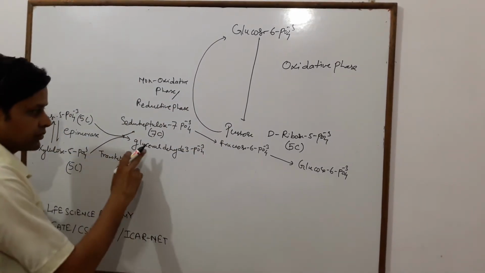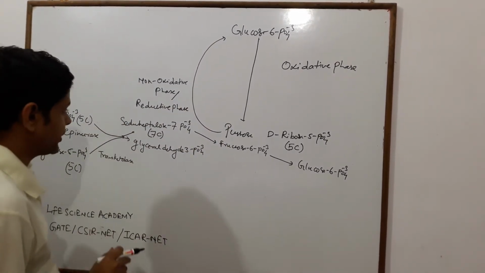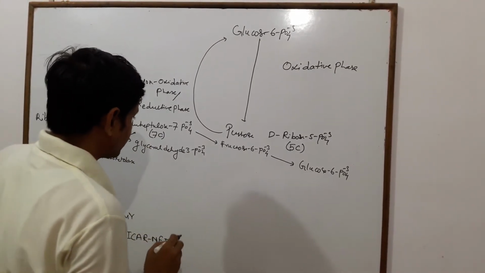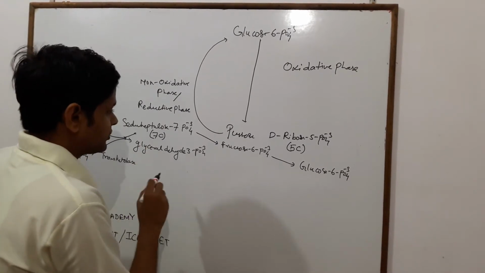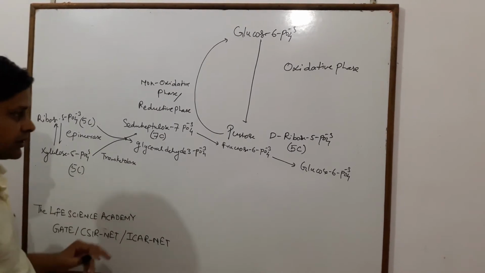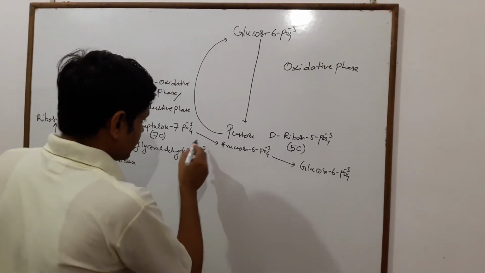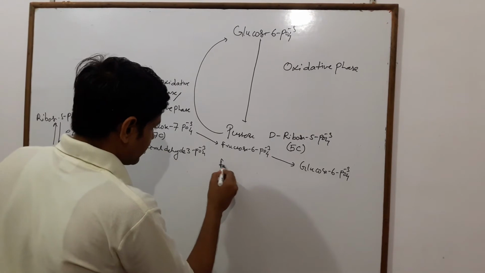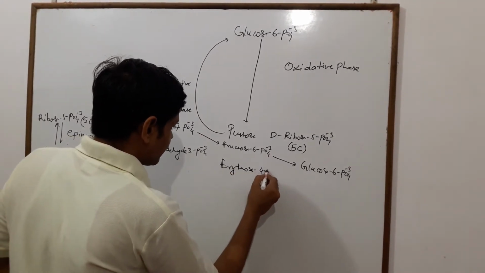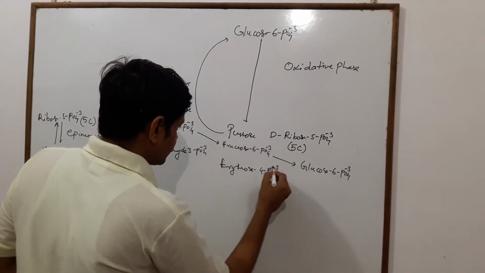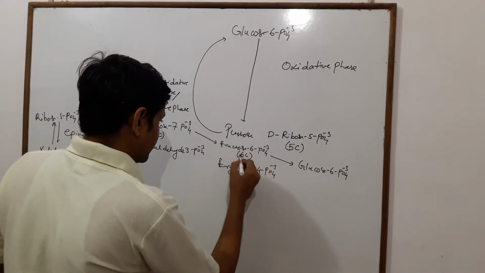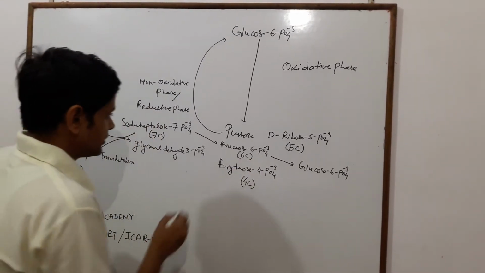When we go through the indirect process, glyceraldehyde 3-phosphate and sedoheptulose react, and another sugar is formed, called erythrose 4-phosphate. This is a 4-carbon sugar and the other one is a 6-carbon sugar.